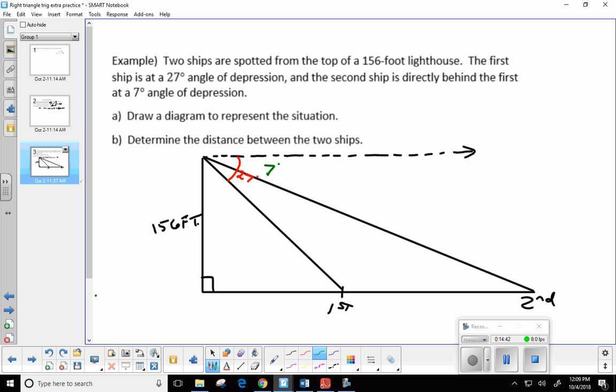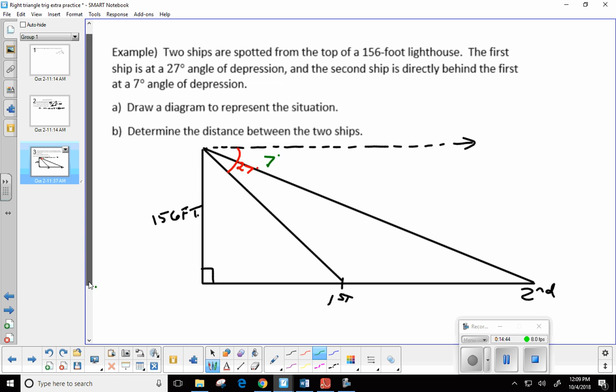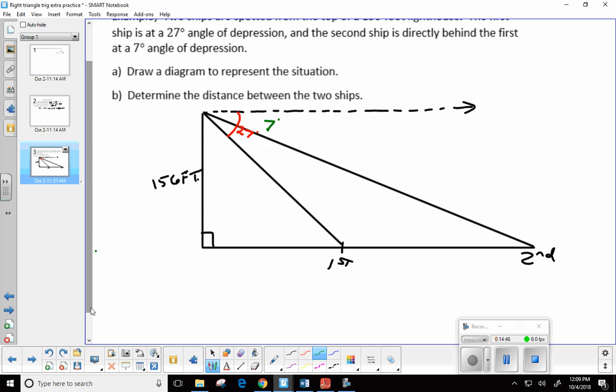Now, let me go ahead and ask you a question, because we want to use these angles to figure out question B, what distance the ships are from each other. So can anybody tell me what's the measure of this angle right here? This one right here where I put the red dot.